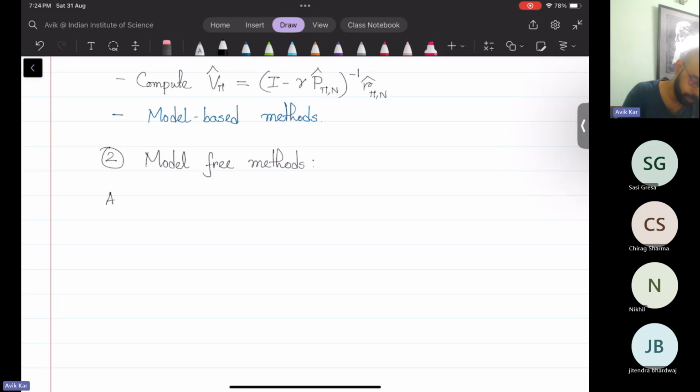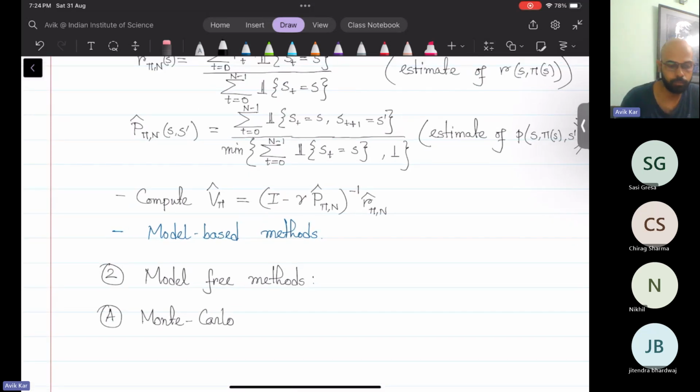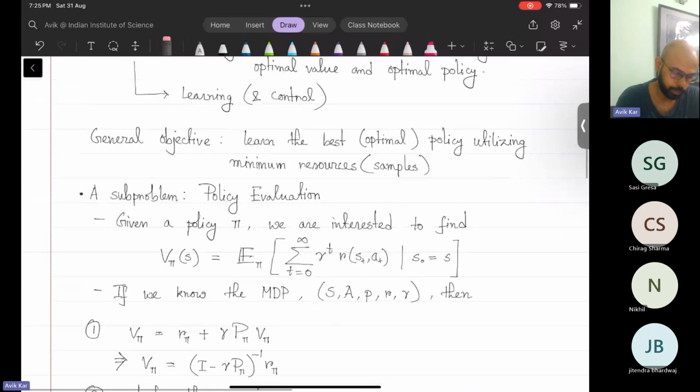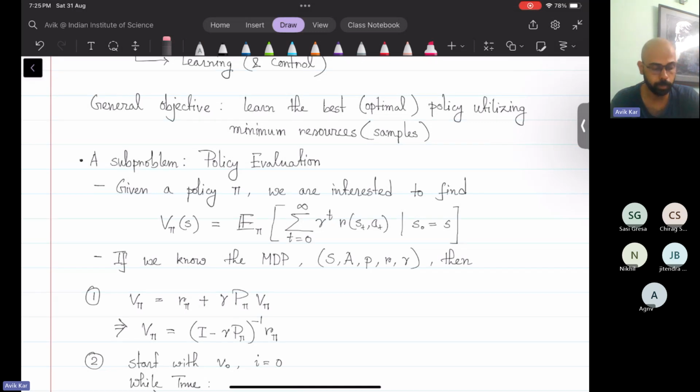One of the methods here is Monte Carlo. These are policy evaluation algorithms, but for a proper reinforcement learning algorithm, where the objective is to learn the best policy utilizing minimum resources, there also you will see these two divisions of how we use the samples, model-based or model-free.